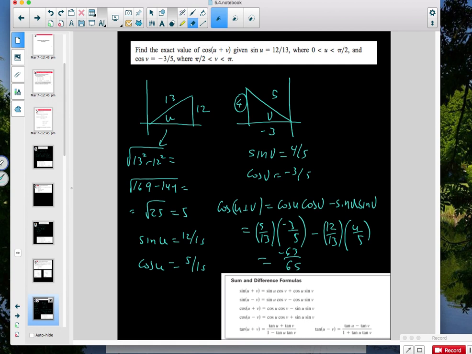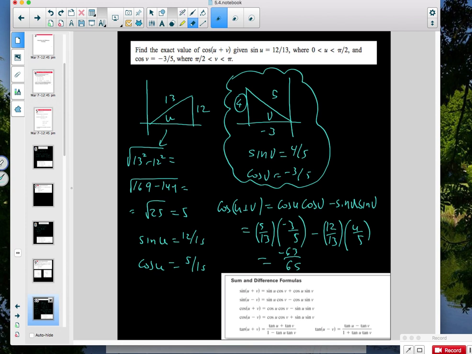How do you guys feel about that? Just putting the whole thing together. It needs a little bit of practice. These problems are a lot of steps.